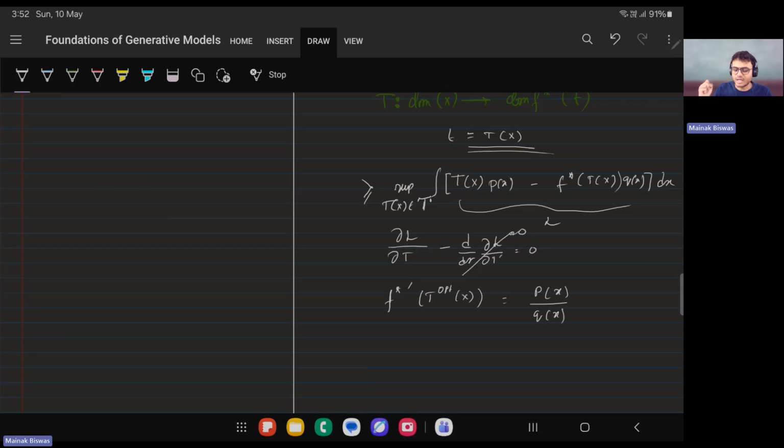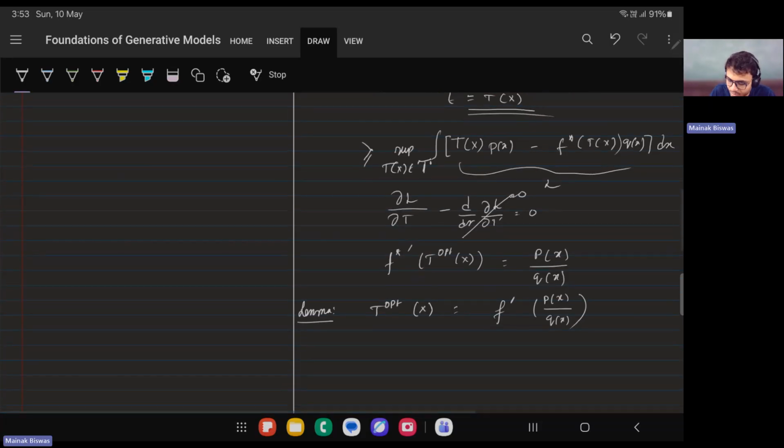So now let's try to find out, and my claim is the lemma is this: the optimal function, the t optimal that will give me the conjugate value, is given by, or rather, sorry, just the derivative of this.